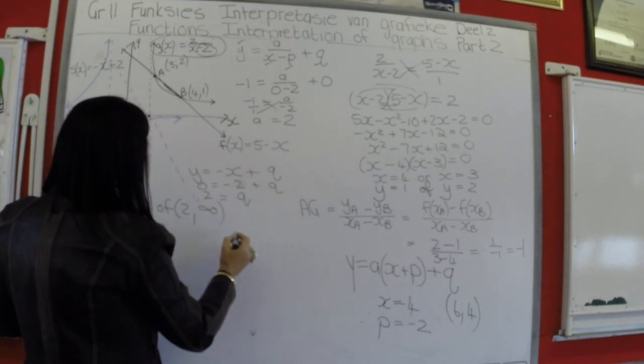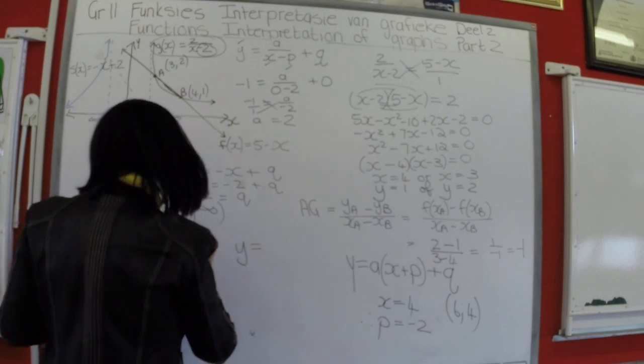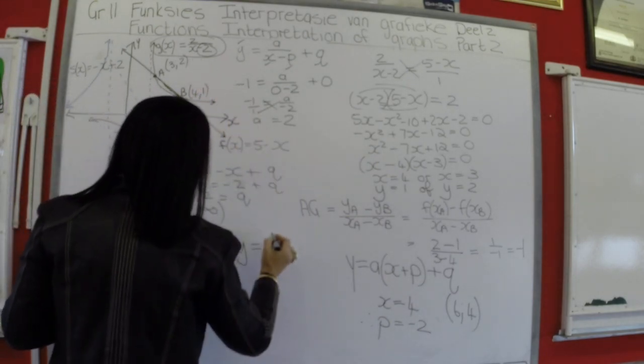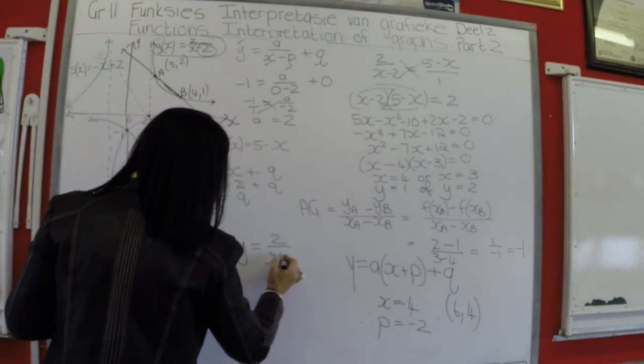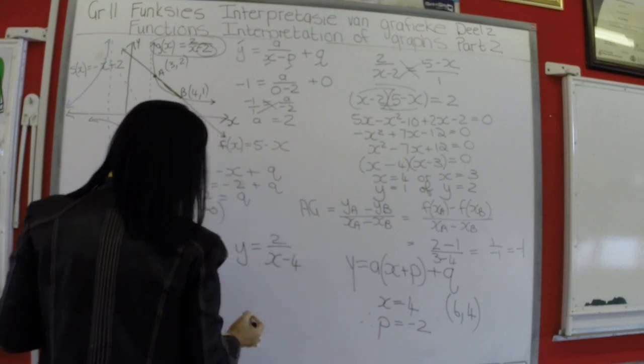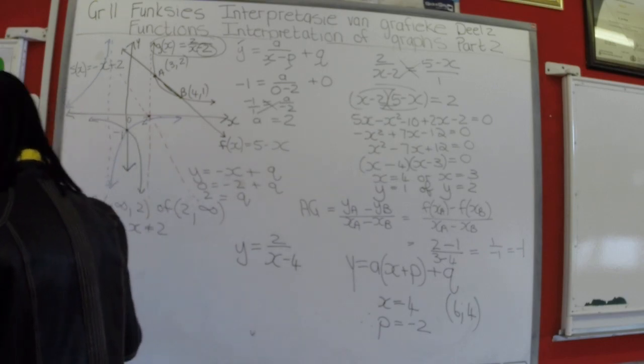So now if we look at our equation, the 2 moved, it's now going through 4, so it moved 2 units more to the right.